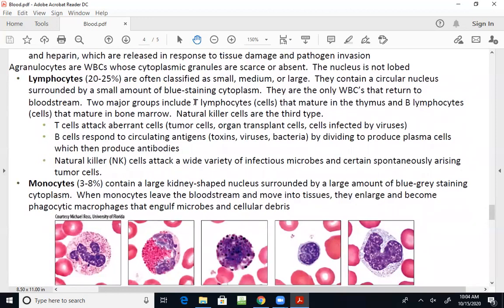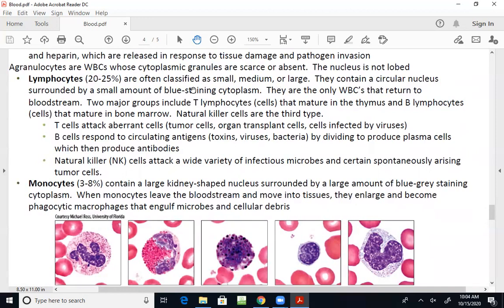Kind of easy. T, think thymus, which is where they mature. B, think bone marrow, which is where those mature. Now, all of our blood cells, and we'll talk about this on the next page, originate in the red bone marrow.